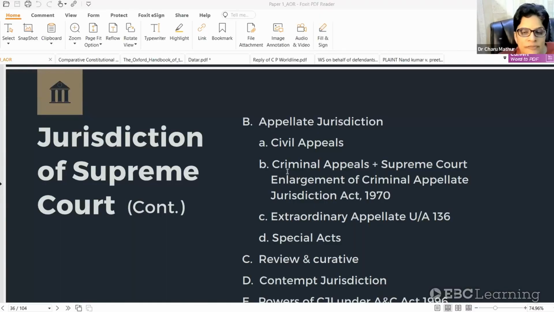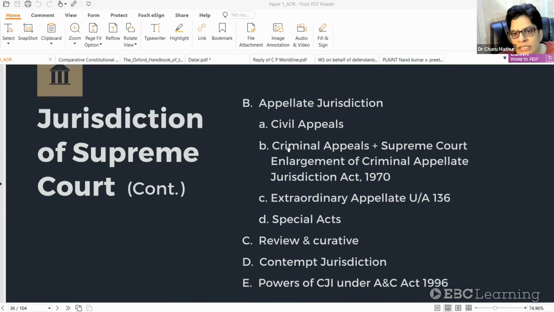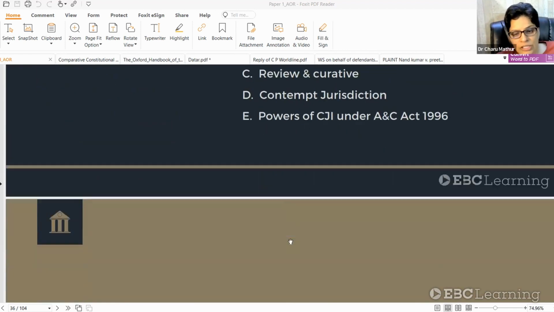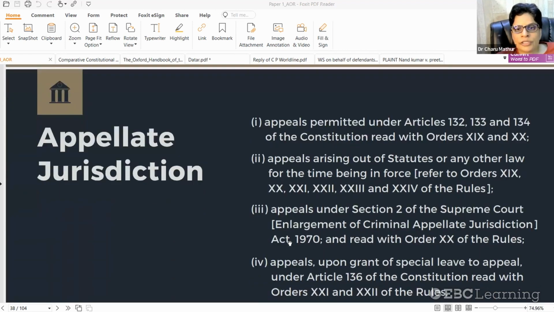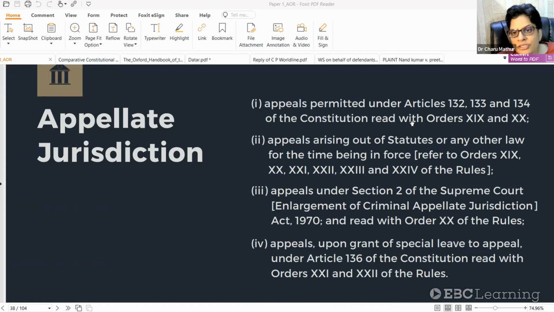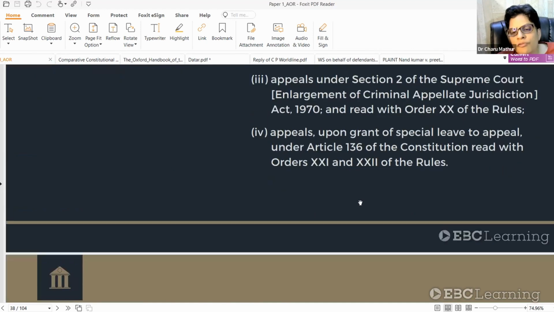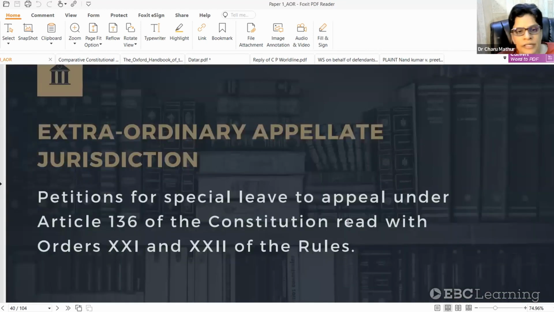As far as the appellate jurisdiction is concerned, you have civil appeals, criminal appeals, plus criminal appeals under enlargement of criminal appellate jurisdiction, extraordinary appellate jurisdiction under 136, special act. Then of course we will be taking the others. Now let us look first of all at appellate jurisdiction under Articles 132, 133 and 134 of the Constitution of India.